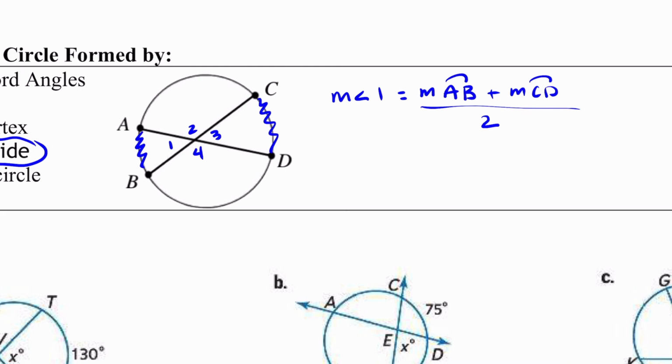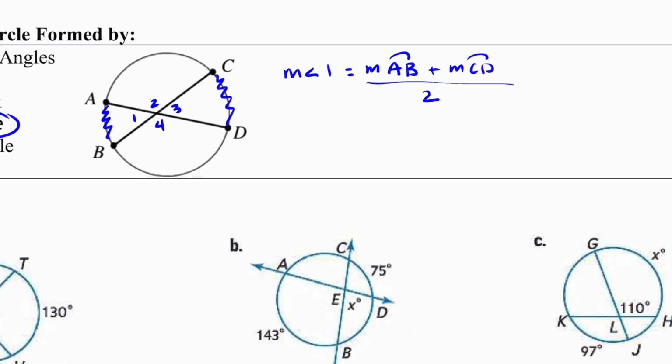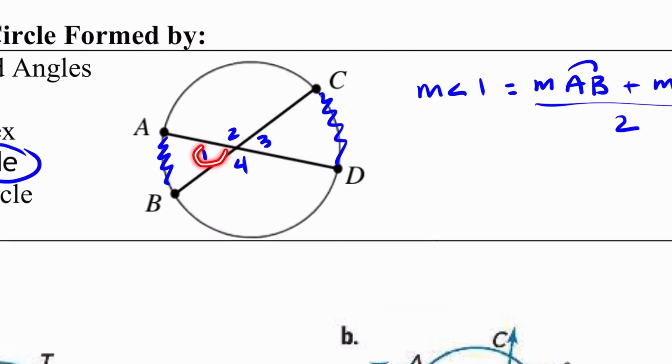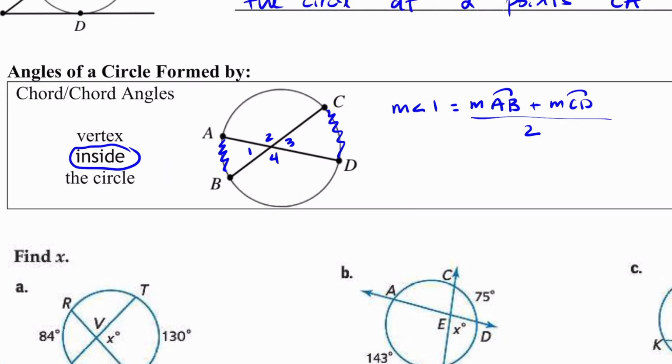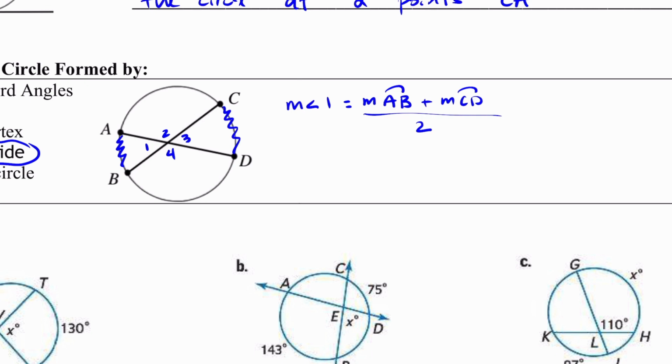Okay? And if we know what the measure of angle 1 is, we know what the measure of angle 3 is as well, because these angles are what we call vertical angles. So measure angle 1 has to equal measure angle 3. To figure out measure angle 2, it's the same thing.